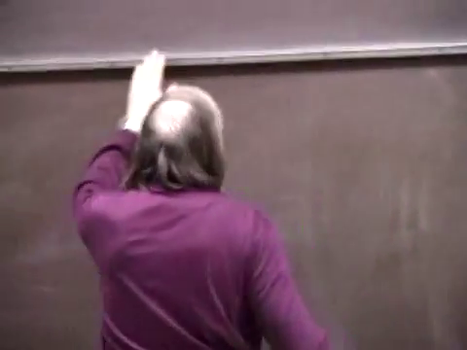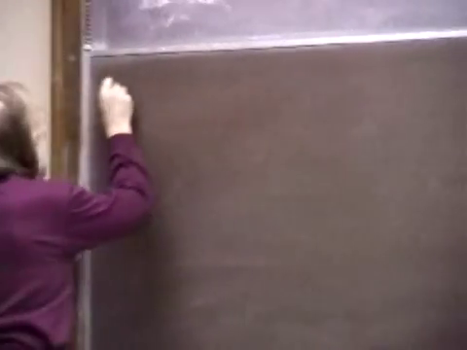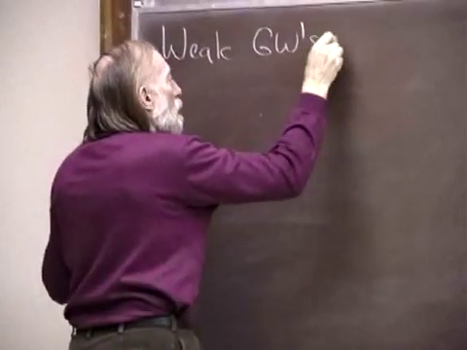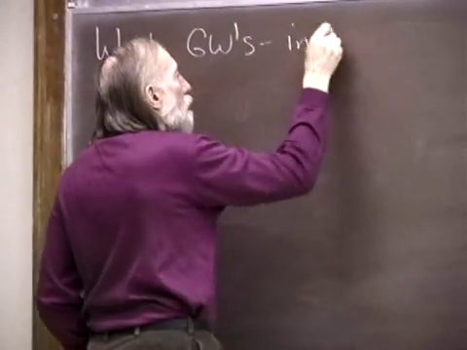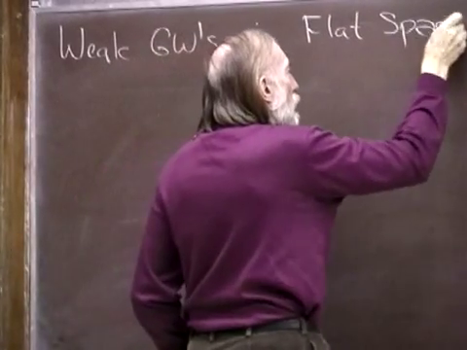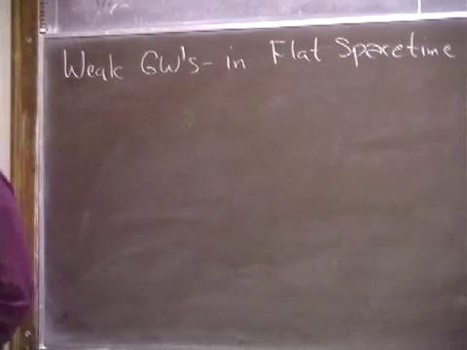Okay, so we want to talk about gravitational waves, and to make it simple initially, I'm going to deal with weak gravitational waves propagating through flat space-time, or through a space-time that is flat aside from the space-time curvature produced by the gravitational wave.